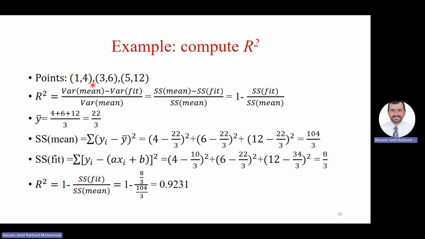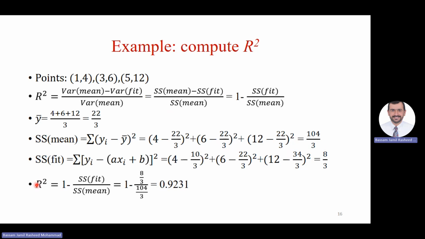Okay, so 4 minus whatever I get from the linear equation, square it, plus the 6 here. So the y from the 6 minus whatever I get from the linear equation using the coordinate 3 for the x, and then 12, the y coordinate for the third point, minus whatever I get from the linear equation using x equal 5. You square it, you add all these three, you get 8 over 3.